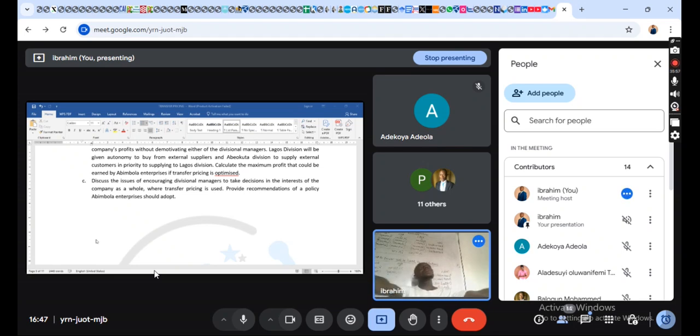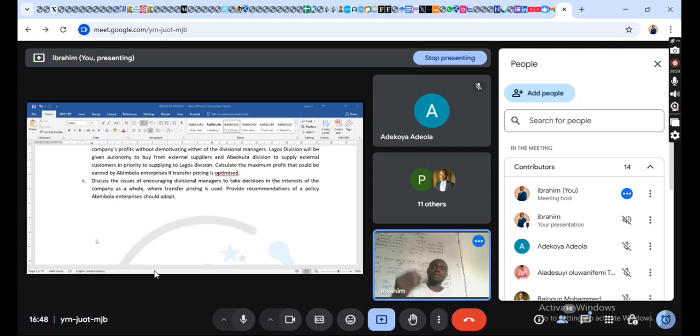If you say we give you the autonomy, right? So go outside and buy the fittings, buy the material. But you are exposing the business to being more competitive. Do you know why?